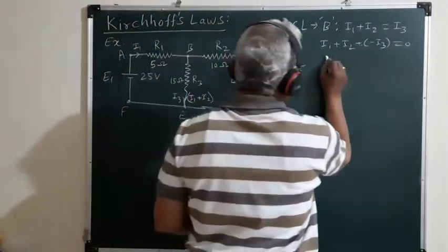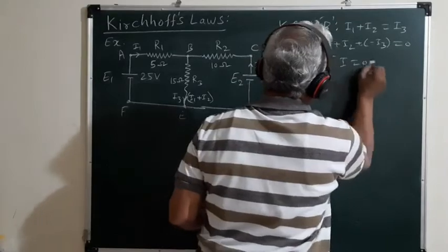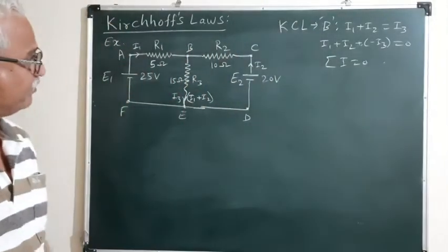That is, the summation of currents is equal to 0 at the junction B.